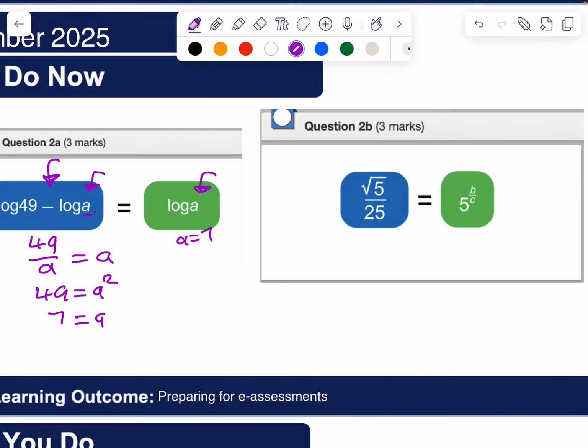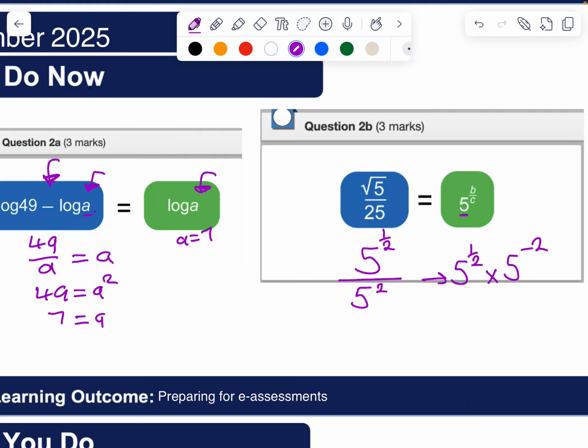Right, and then over here, a little bit like the question in standard, but just a bit more challenging. Here the base is 5. So what I'm going to do is change everything so it's base 5. We should know when we have a root, it's actually the index as a fraction. So anything to the power of a half is just square root. And then on the bottom, it is 5 squared. So if we change this then, 5 to the power of a half times 5 to the negative 2.